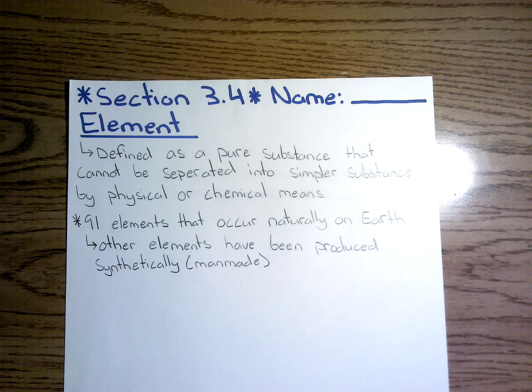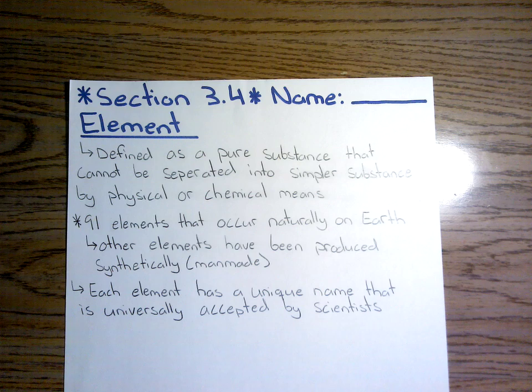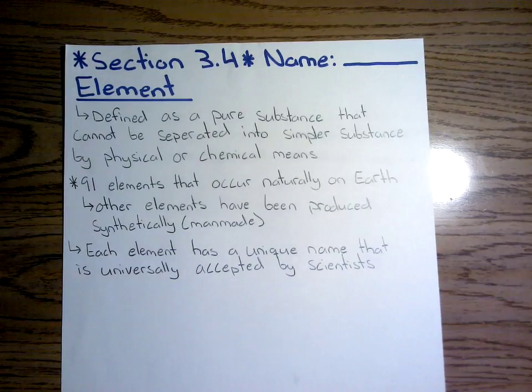Now, each element on the periodic table has a unique name that is universally accepted by scientists. The IUPAC, or the International Union of Pure and Applied Chemistry, is an organization that sets those names of the elements we have on the periodic table.